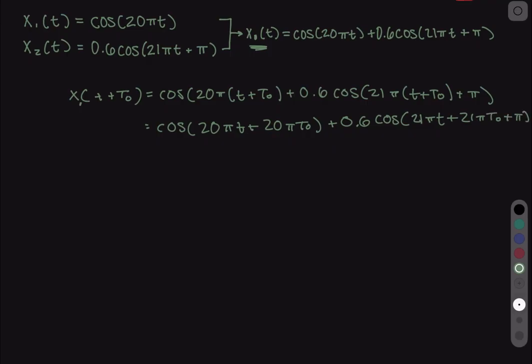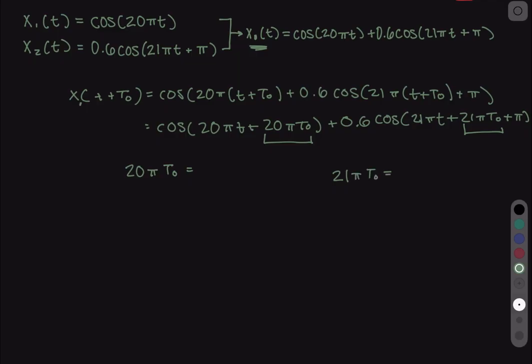In order to satisfy the condition that x of t plus t naught must equal x of t, we know from the previous example that the terms with t naught must be some integer multiple of 2 pi. So what we can do is pull out the t naught from both of these. So then we have 20 pi t naught and 21 pi t naught.